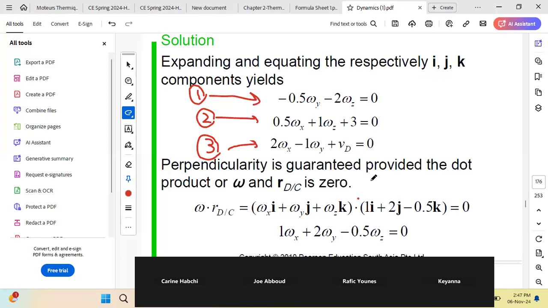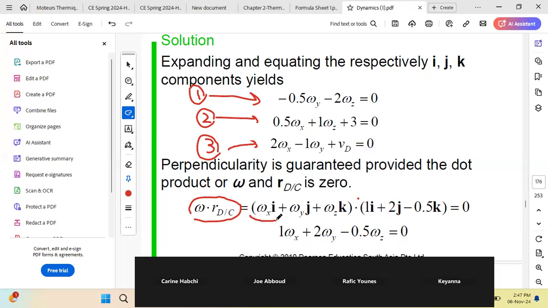Since we decomposed motion into translation of C plus rotation of the rod about point C, omega total will be perpendicular to DC. So this information will give us an additional equation: omega dot R_DC is equal to 0, because whenever you have two perpendicular vectors, their dot product is equal to 0.